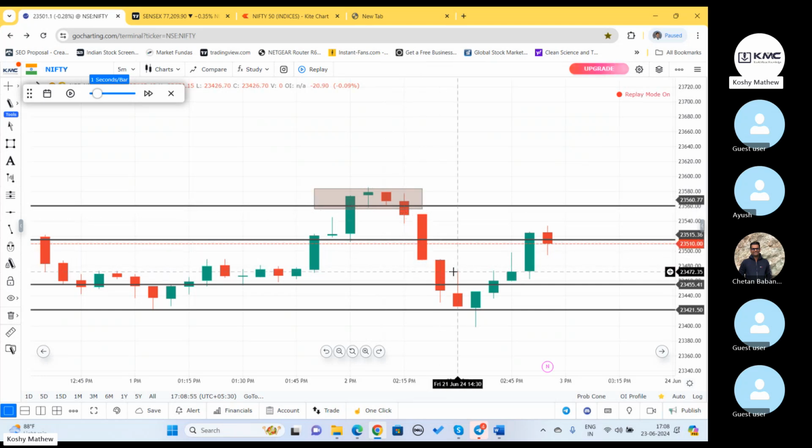But here it doesn't make a difference whether the hammer or inverse hammer is red or green. No problem. It took it. Next confirmation, you got a green candle. From there, the market went up. Very good. That's what I'm telling you. If you start looking at the chart every day, your eyes will get trained to look at those charts and definitely you'll improve.